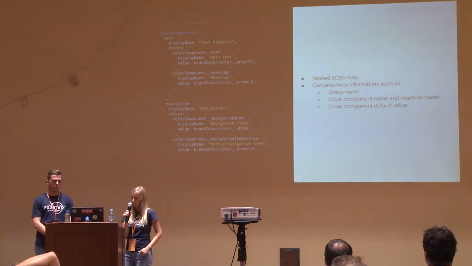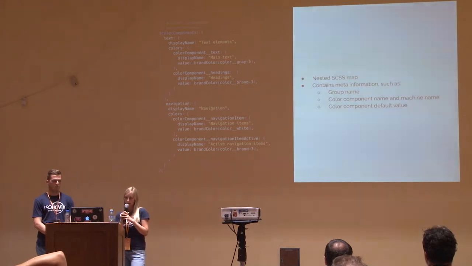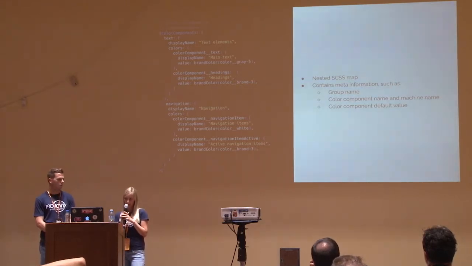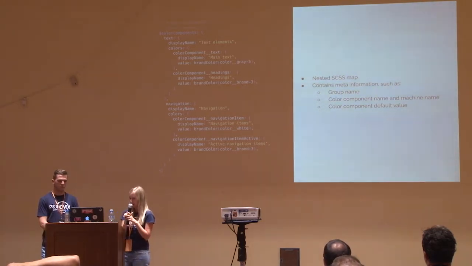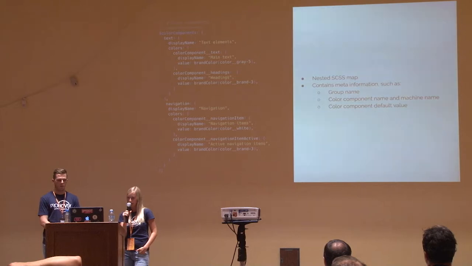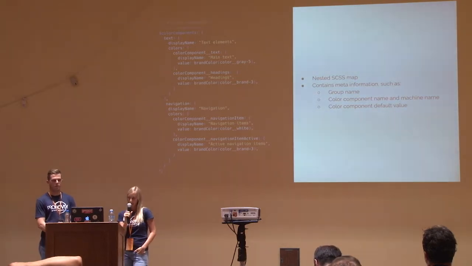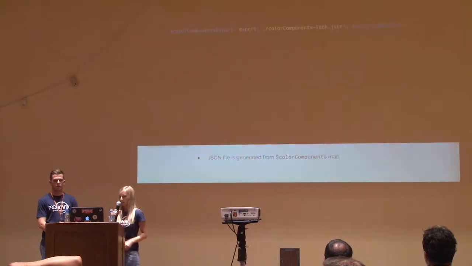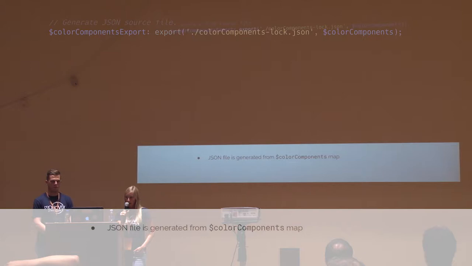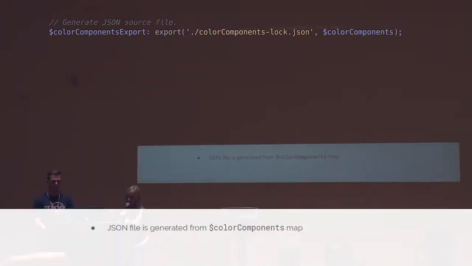And as you can see in this color map, we have other meta information like the display name of the color components or the groups, and this will be used also in Drupal. So these are here just because we wanted to have every piece of information in a single place, and after processing it to JSON, similarly to the colors map, we can use all of this meta information in Drupal.